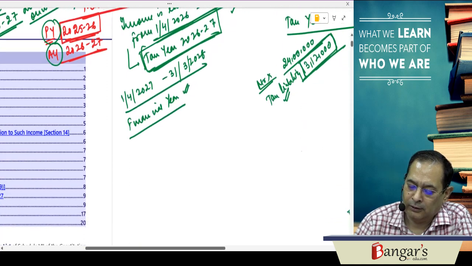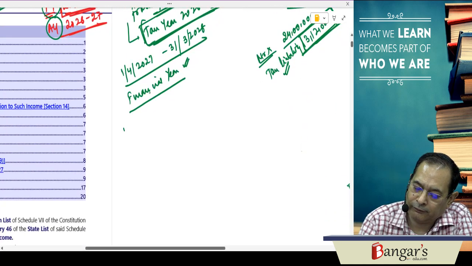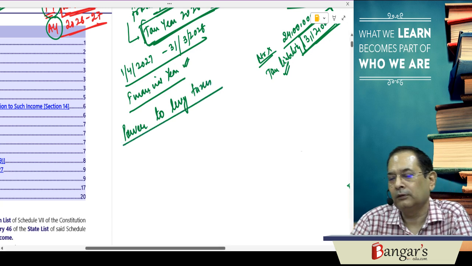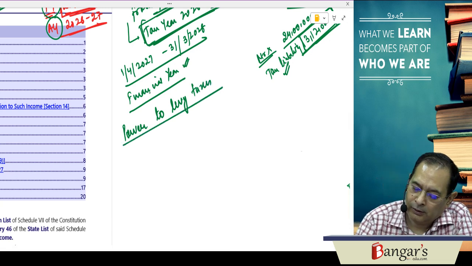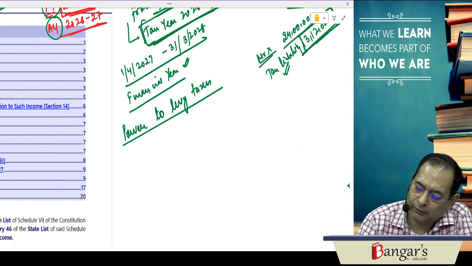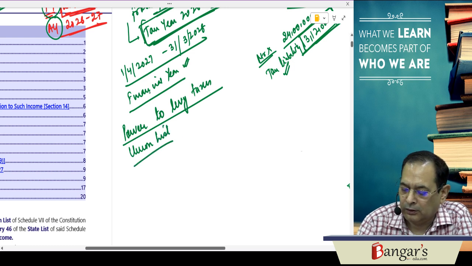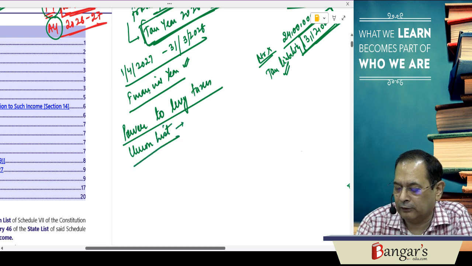Now here, basically, the power to levy the taxes vests with the central government to make laws if the subject matter is under the union list.